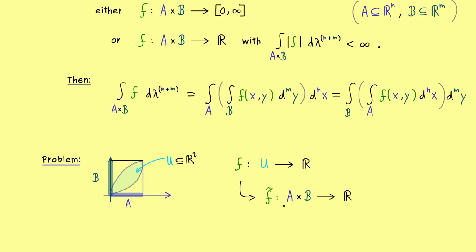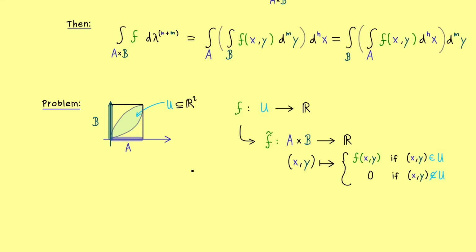And since we don't want to change the integral, f tilde should be 0 outside of U. This means the definition here is really easy, we just define it piecewise. We just have f at the point (x, y) if (x, y) lies in U, and in the other case we set it to 0. So a really natural definition which solves our problem in general.